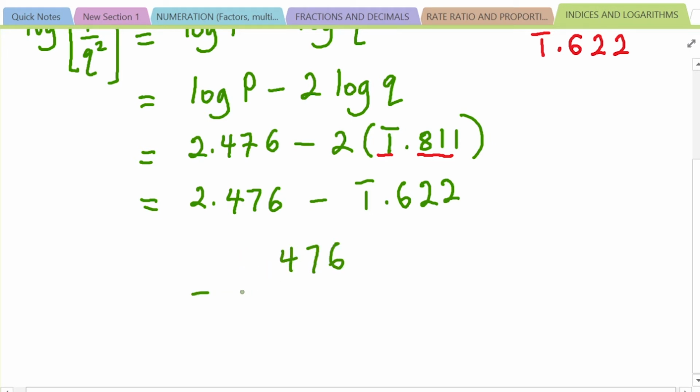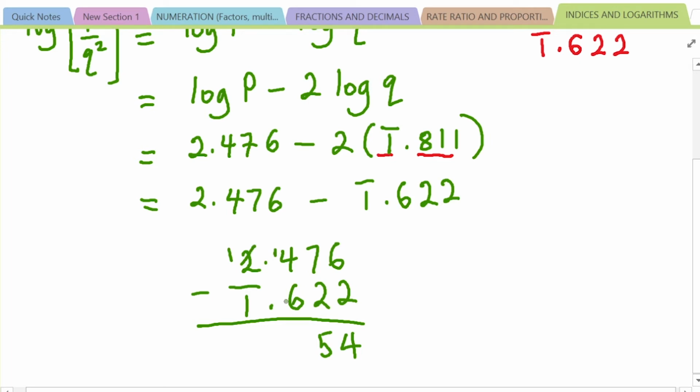So it becomes 2.476 minus bar 1.622. Subtracting, 6 minus 2 is 4, 7 minus 2 is 5. Now here we have 4 minus 6. 4 minus 6 is not possible, so we shall borrow 1 from here. We remain with 1 here, so this becomes 14. 14 minus 6 gives us 8.